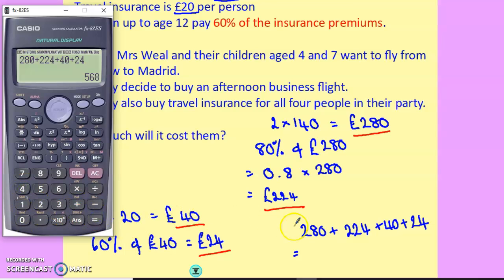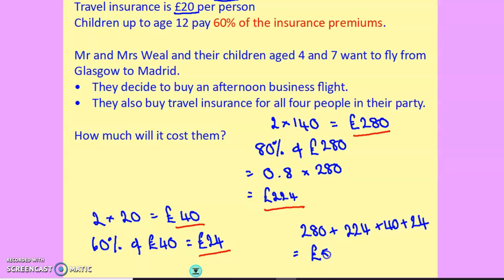That comes out at £568. So it would cost them £568 for the flight and insurance for the 4 of them. Okay, let's try the next one.